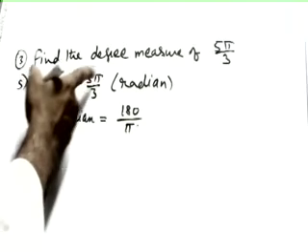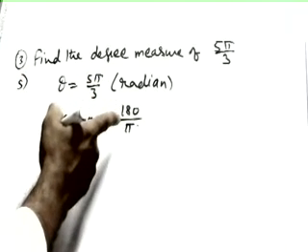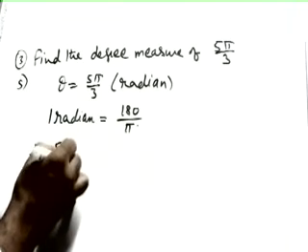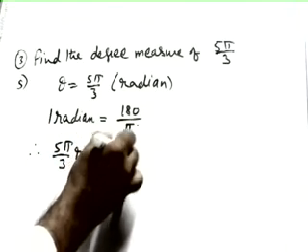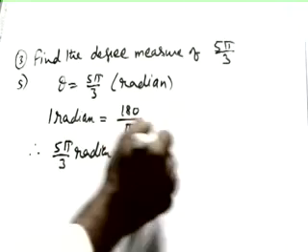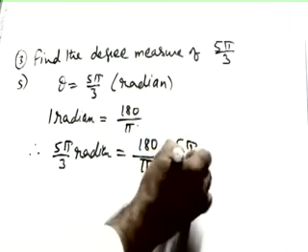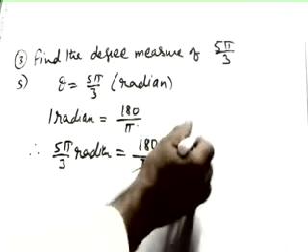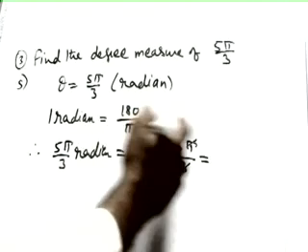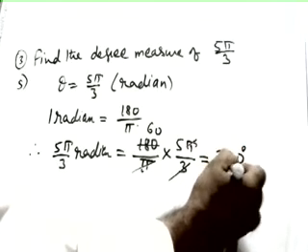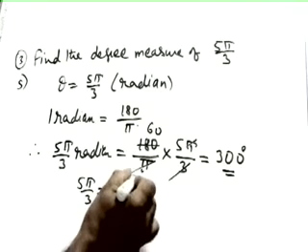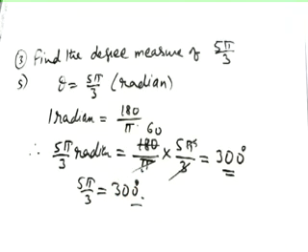So we want 5 pi by 3, therefore 5 pi by 3 radians equals 180 by pi into 5 pi by 3. So this pi will get cancelled. You can also cancel this one: 3 1s are 3, 3 6s are 18, so 60 remains. So 5 into 60 is 300. So 5 pi by 3 is nothing but 300 degrees.